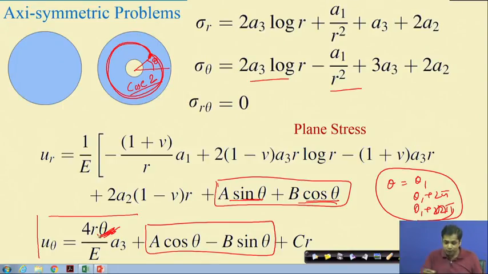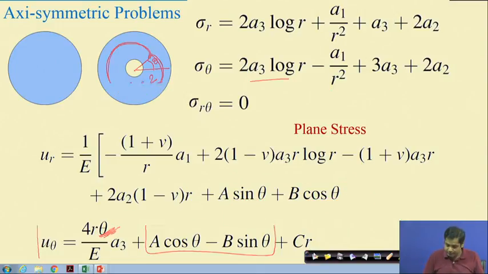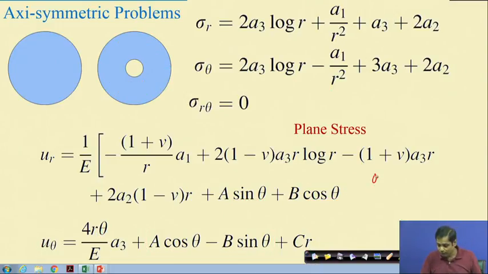For instance, u theta becomes 4r theta by E into A3 for theta.